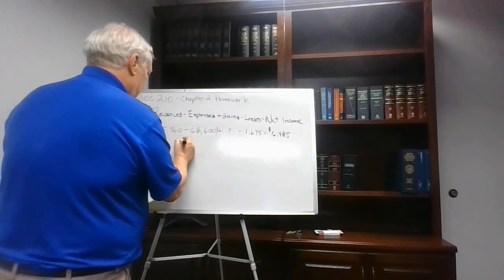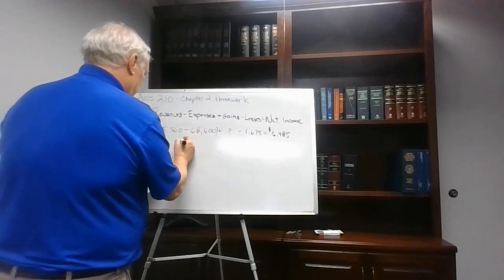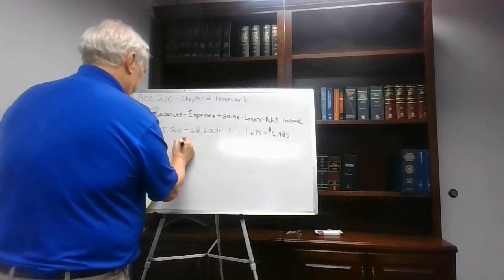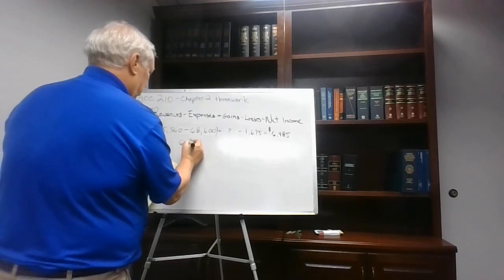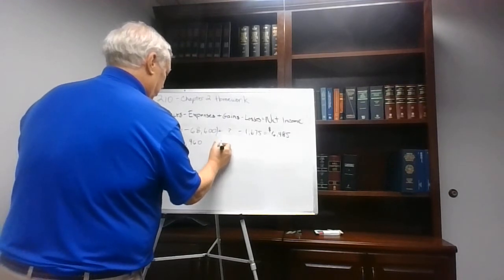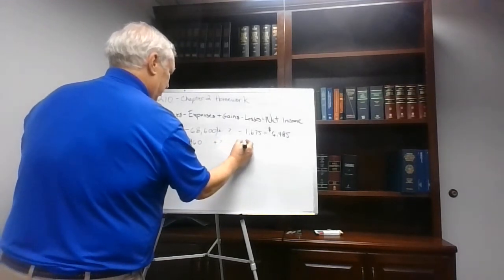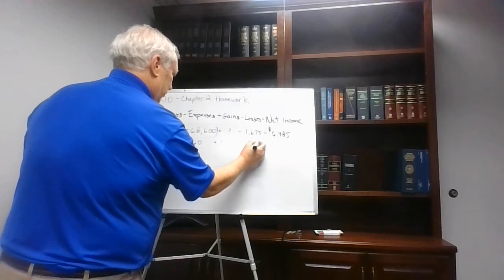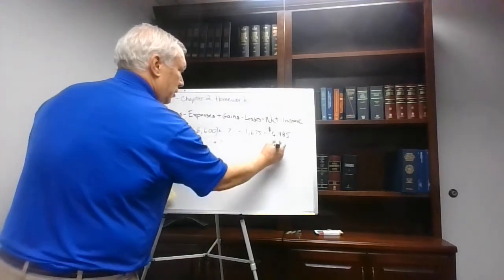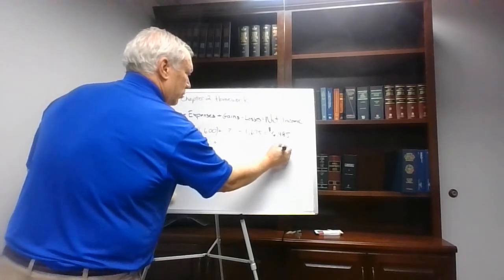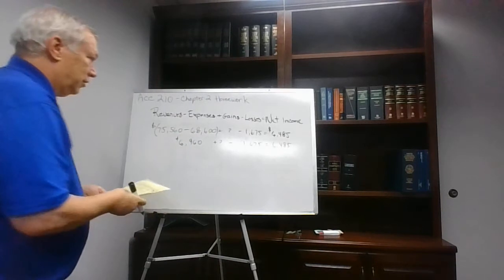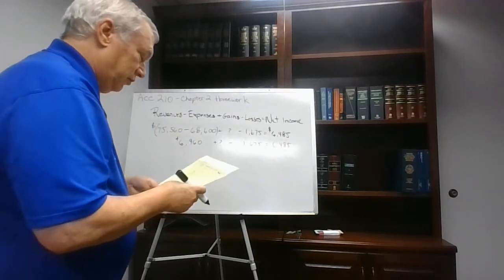So we put these two together, we'll do the math, and we get 6,960 plus question mark minus 1675 equals 6485. So we simplified here. Okay, we did our simplification first.